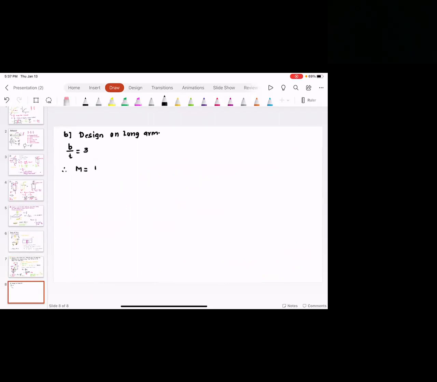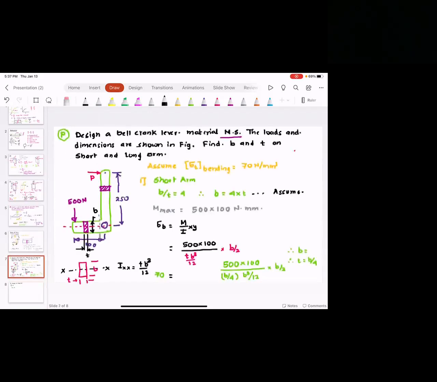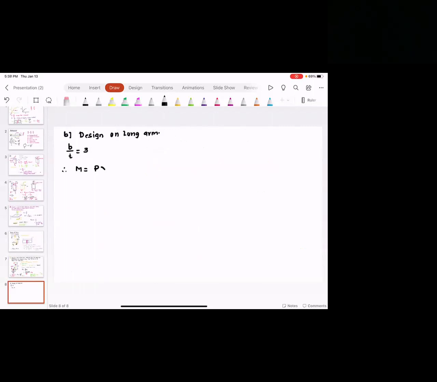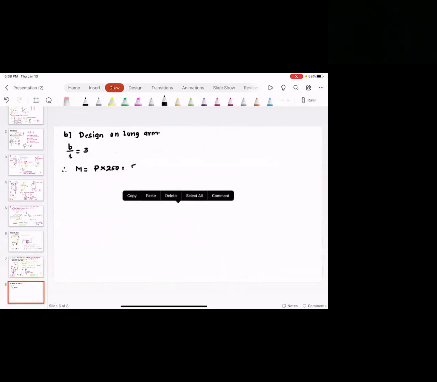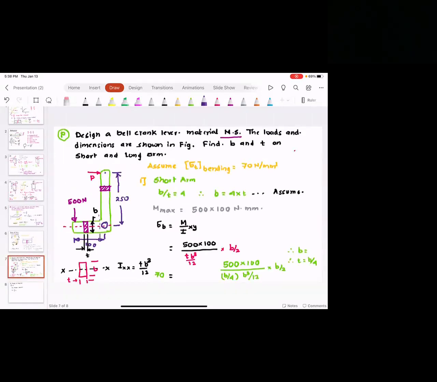The moment is going to be P times 250, which is equal to 500 times 100, and sigma is equal to M divided by I multiplied by Y. And please understand, here as well, the bending is going to be across this cross section.